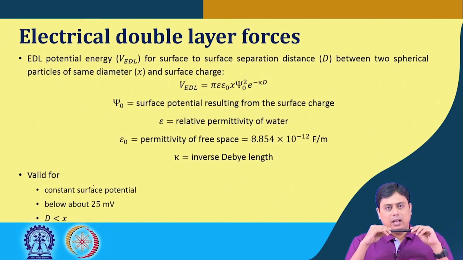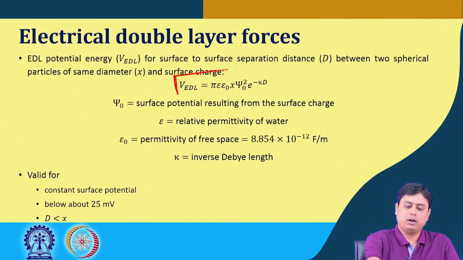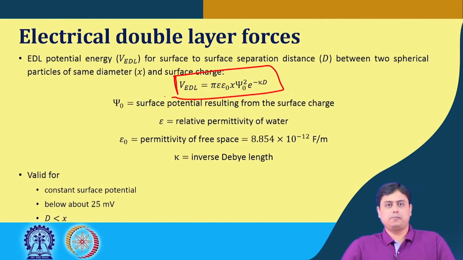So the double layer potential energy for a surface to surface separation distance of d between two spherical particles of the same diameter and surface charge can be written in this form, where epsilon is the relative permittivity of water and epsilon 0 is the permittivity of free space.